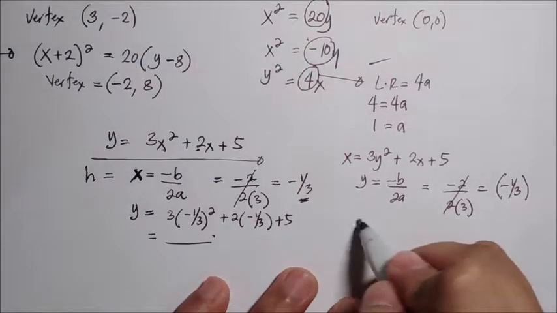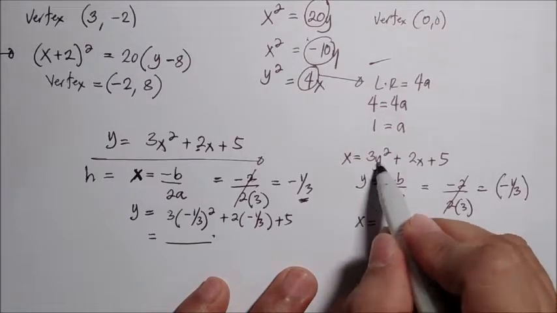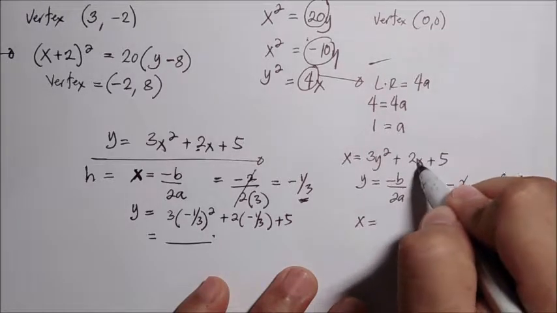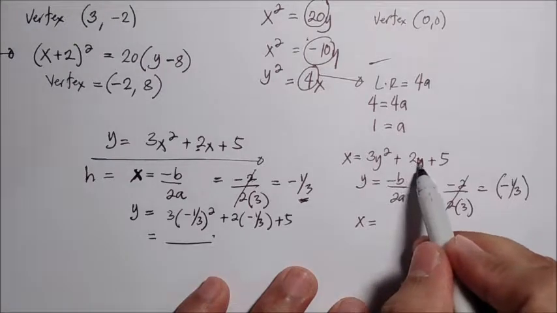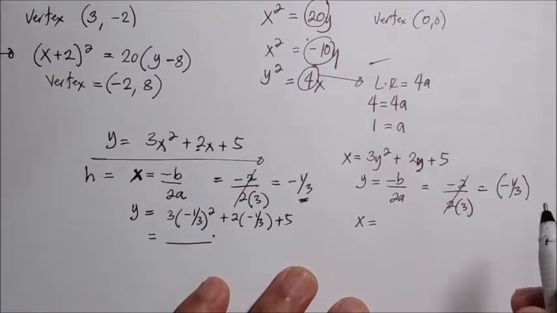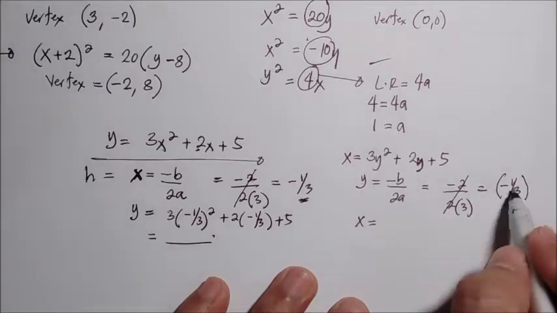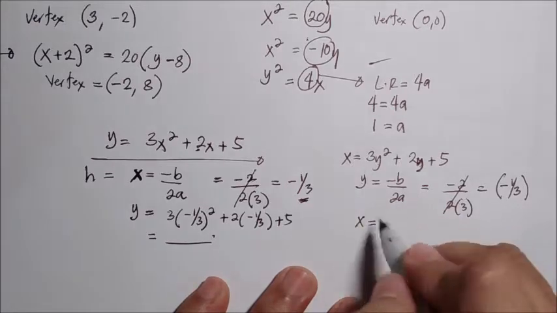So your x, okay, you have to substitute the value of y here. I'm sorry, this should be y. Okay, 3y squared plus 2y plus 5. The value of x, you have to substitute it here so that you can compute for the value of x.